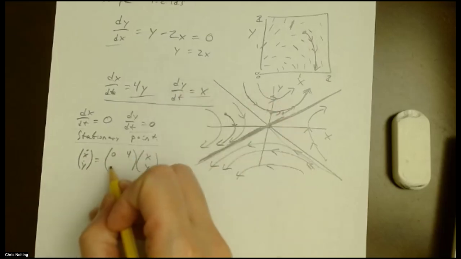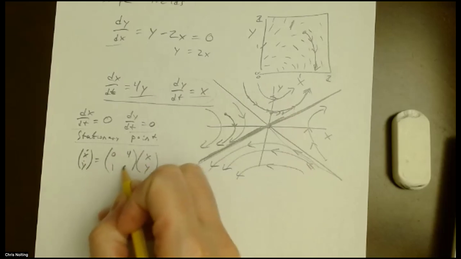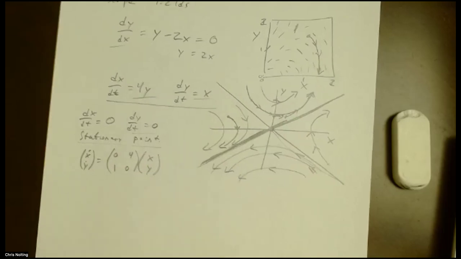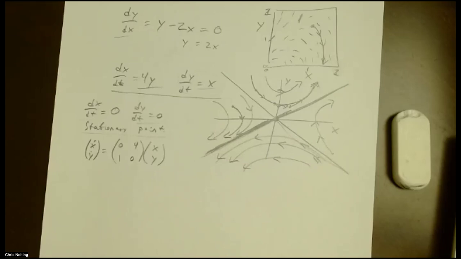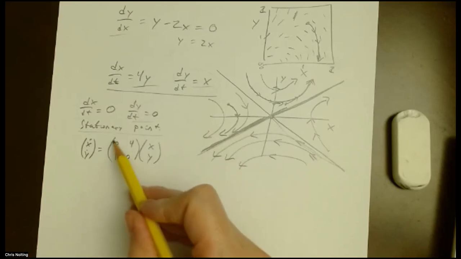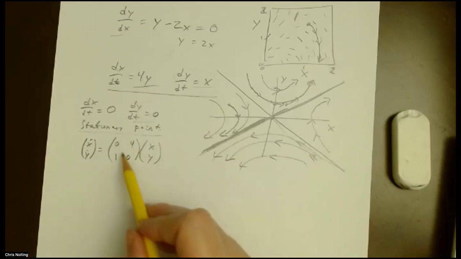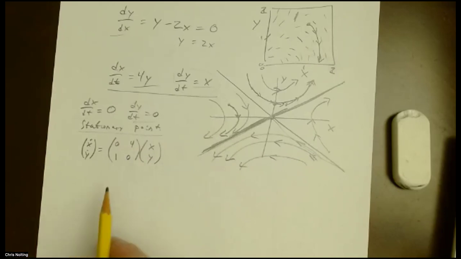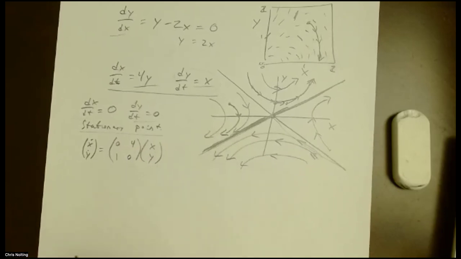And dy dt will depend on x, but not on y. So our matrix will look something like this. Okay, that looks relatively simple. Of course, it's not quite a diagonal matrix, meaning that the main diagonal are not the only non-zero elements. In fact, it's exactly the opposite in this case.